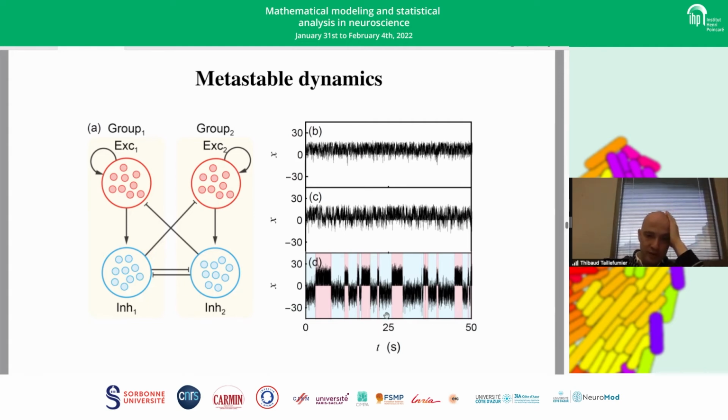So why would you hope this? It's because the transition from one dominant state to the other is essentially driven by the level of noise that is exhibited by the dominant population while it's up, okay? And so the hope is that if you can characterize the variability of the population when it's dominant, you should be able to estimate the escape rate and then the transition rate.